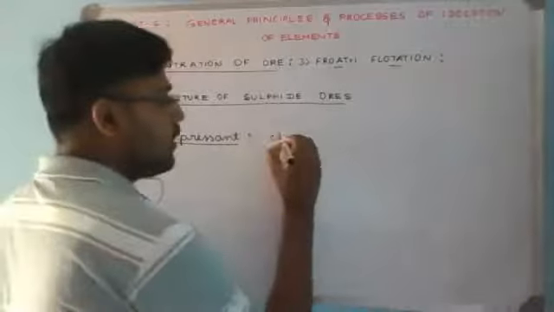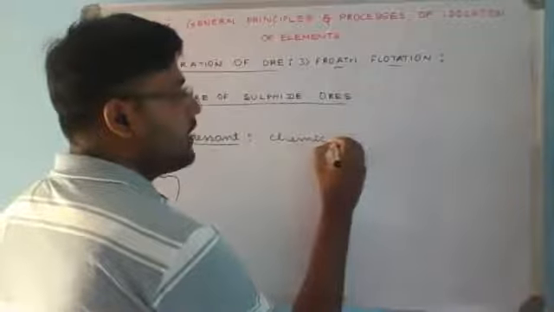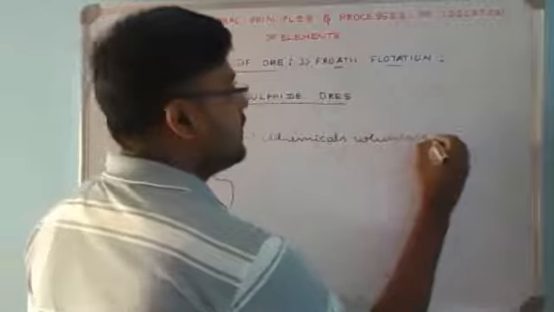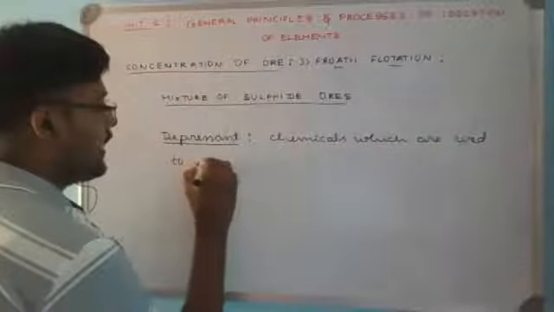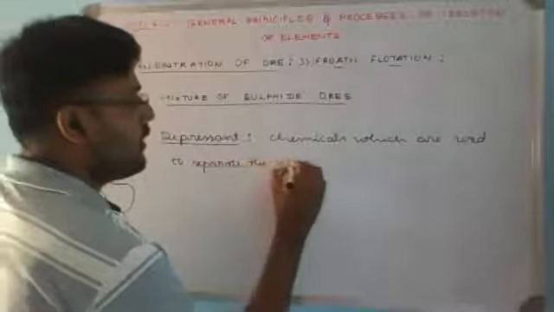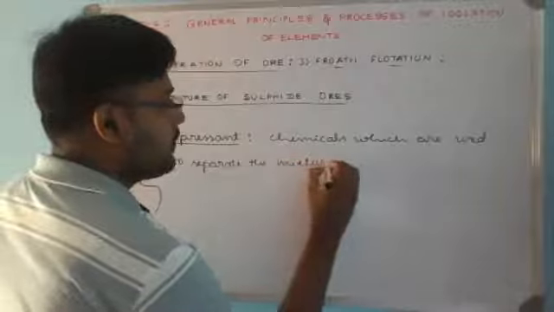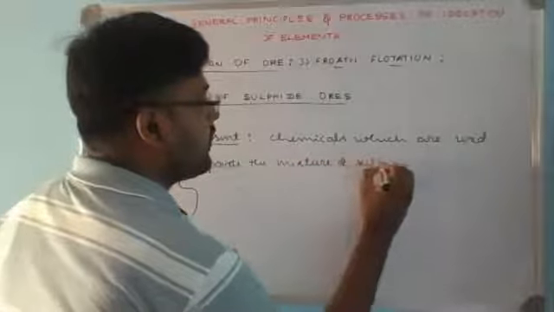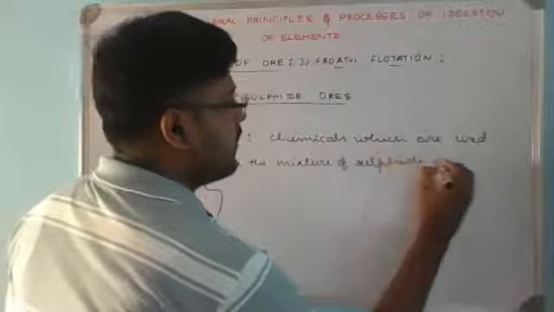Depressants are those chemicals which are used to separate the mixture of sulfide ores in the froth flotation method.